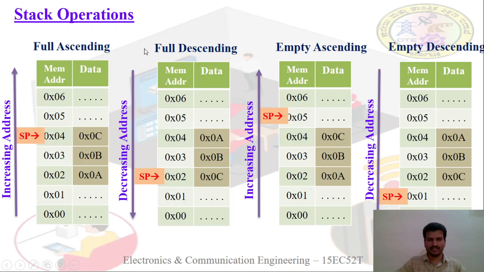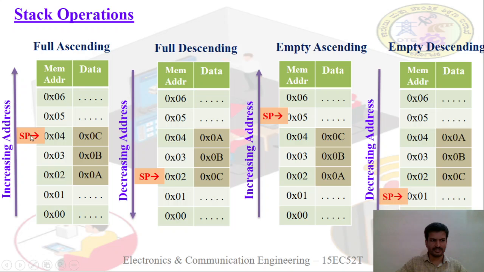Full ascending, full descending, empty ascending and empty descending. Ascending means lower address to higher address, the stack grows from lower address to higher address. Descending means higher address to lower address. Full stack means the SP points to the last item on the stack, whether it is full ascending or full descending.